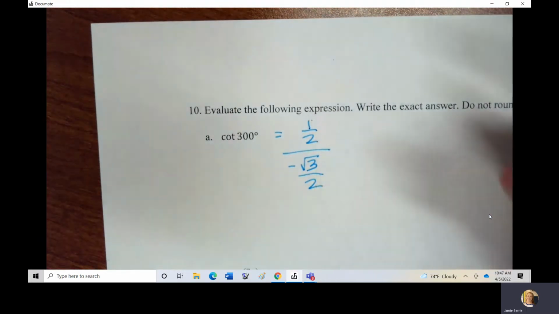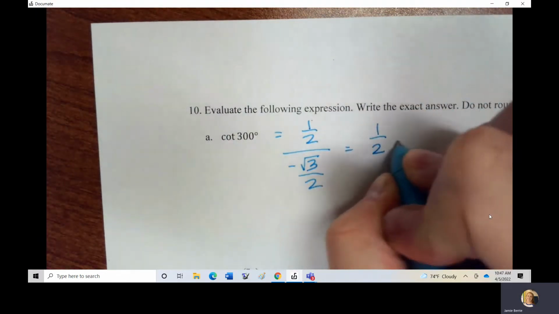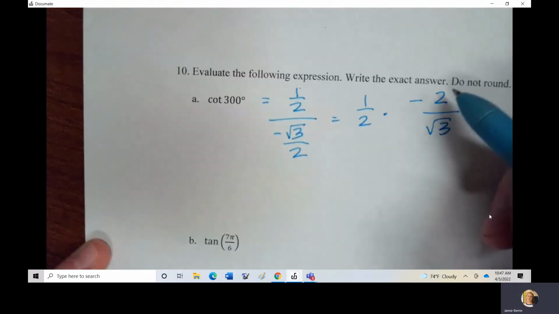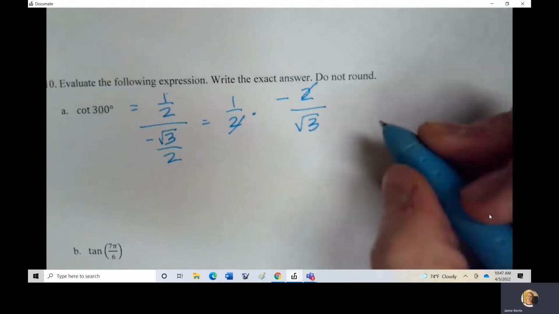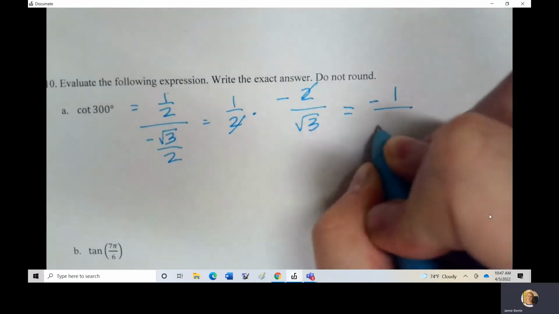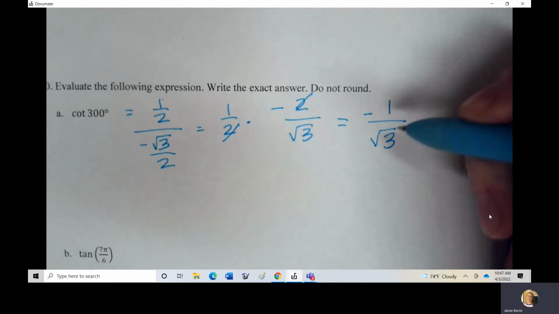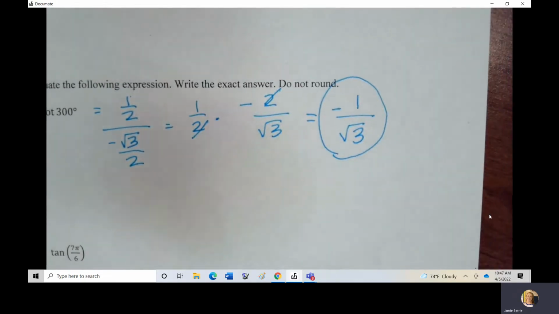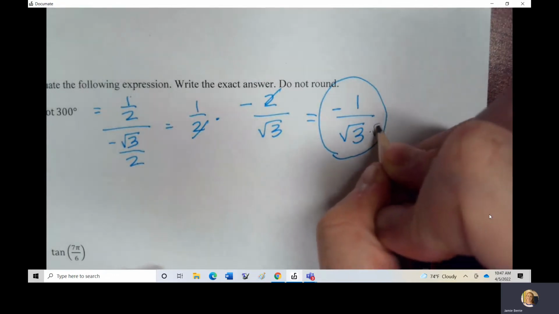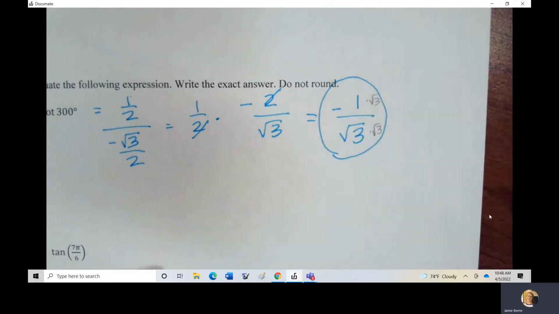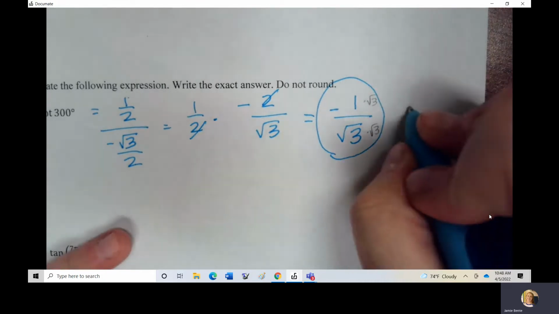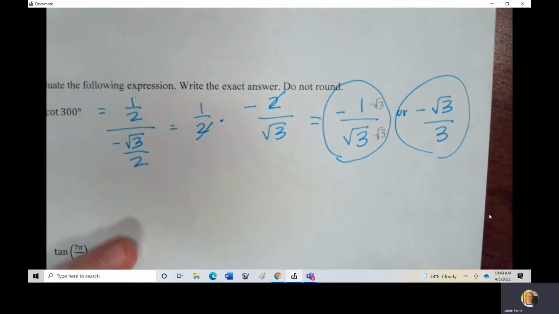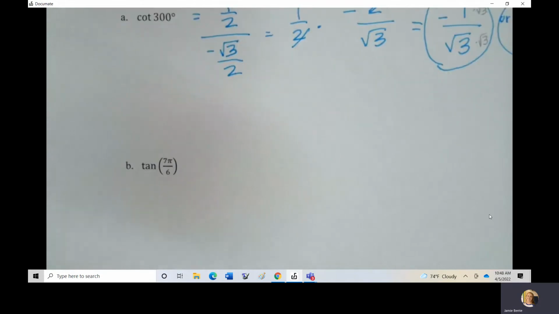Keep, change, flip. That gives us 1/2 times negative 2 over square root of 3. Cancel those 2's. So it's negative 1 over the square root of 3. You can enter the answer just like this on Hawks. If you wanted to rationalize the denominator, you would multiply the top and the bottom by the denominator, giving negative square root of 3 over 3. Either one of those would be acceptable answers.